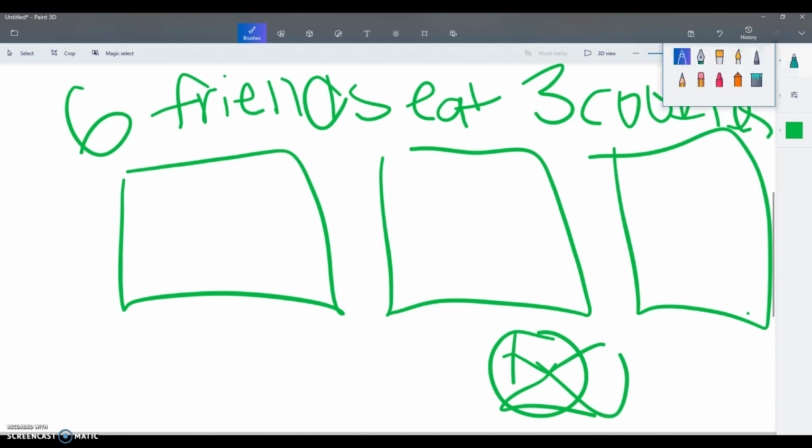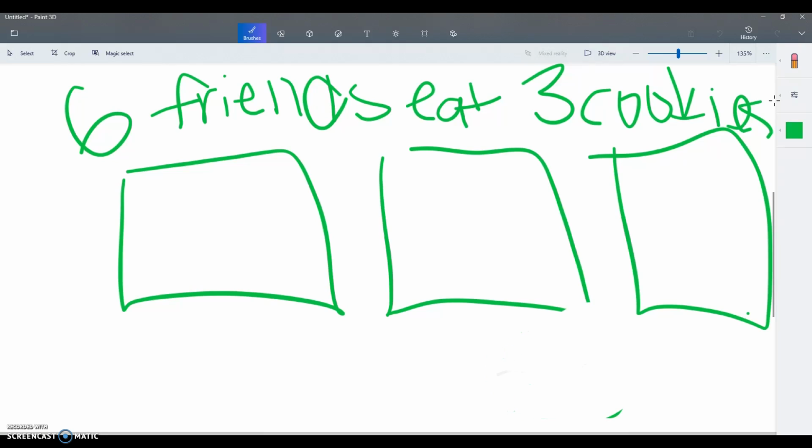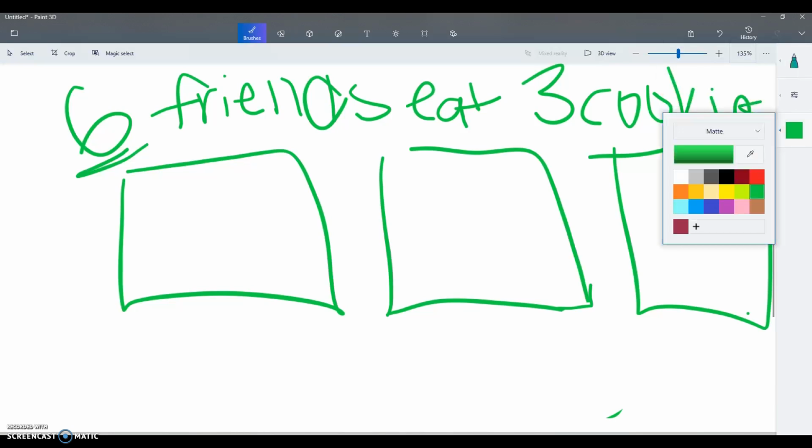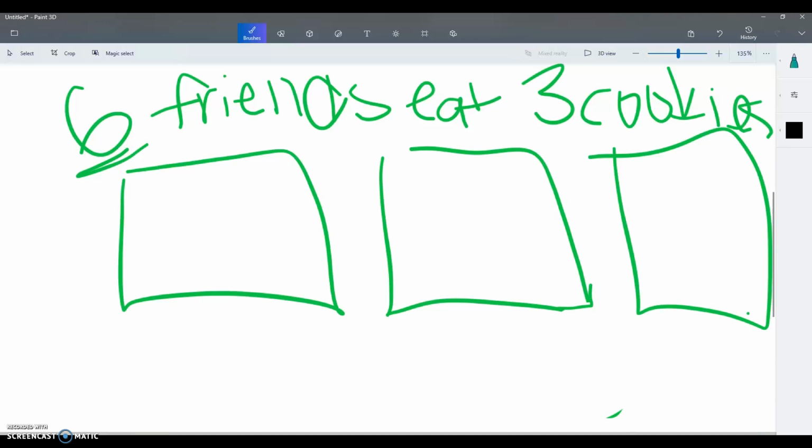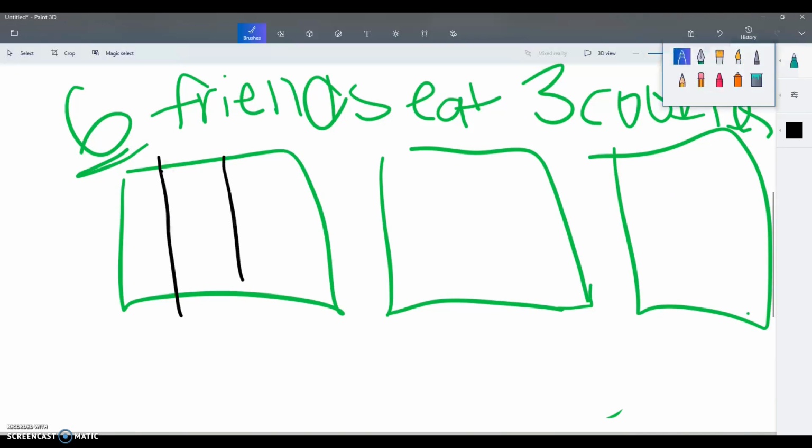Everybody does weird shapes. Alright, 6 friends, we would draw 5 lines each. So I draw 5 lines at each. 1, 2.